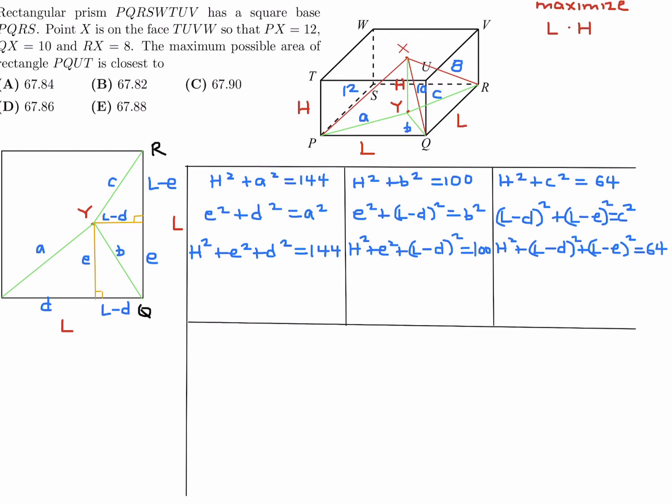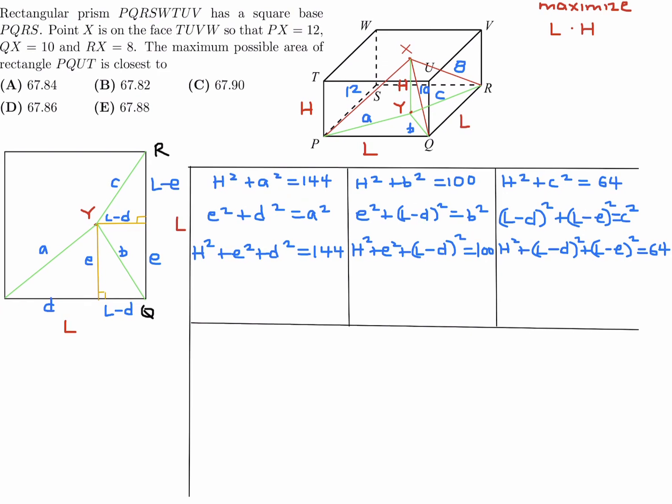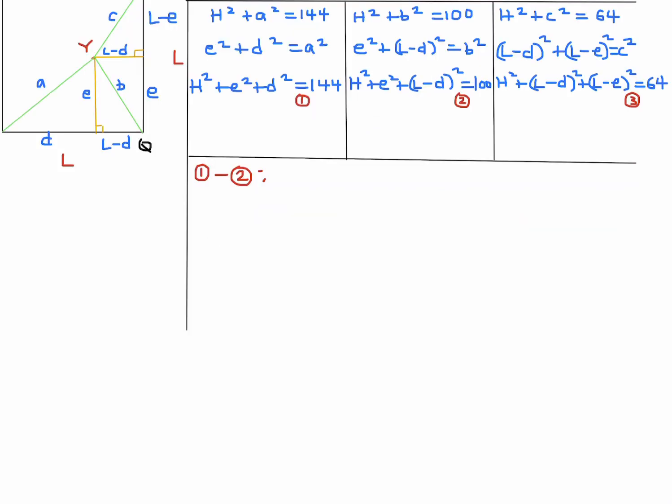Okay, so now we've got those. We'll call this one equation 1. We'll call this equation 2. We'll call this equation 3. So now, let's work with these equations. The first manipulation or combination of these three is going to be 1 minus 2. So if I take equation 1 and subtract from it equation 2, I will get the following.